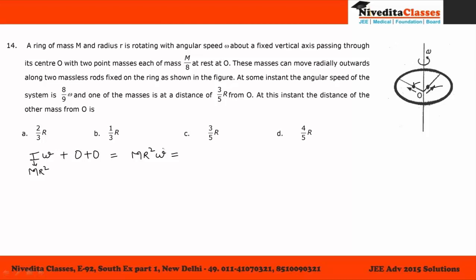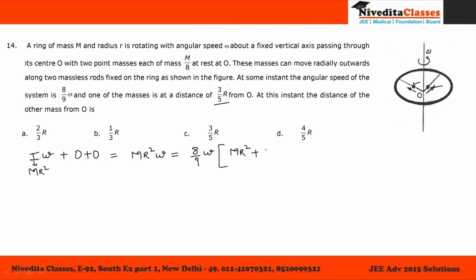We can take the angular velocity, which is the same for all the masses outside, and then we have this ring which has the moment of inertia m r square, plus we have one small mass bead which is at a distance of 3 by 5 r.